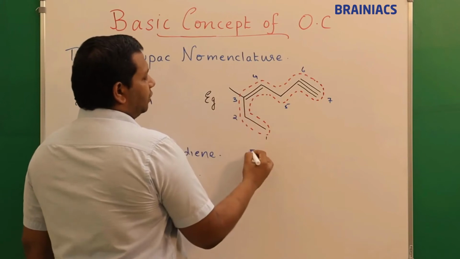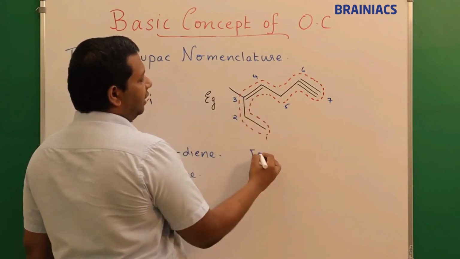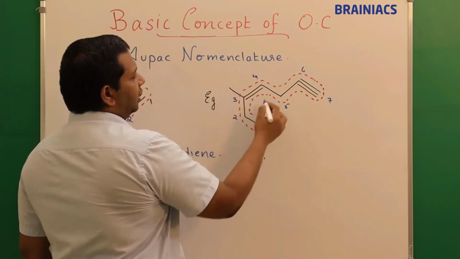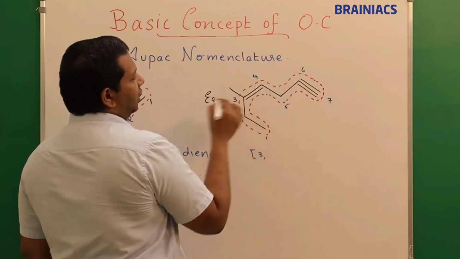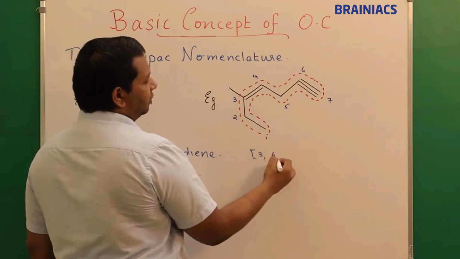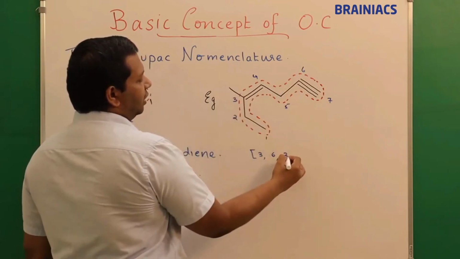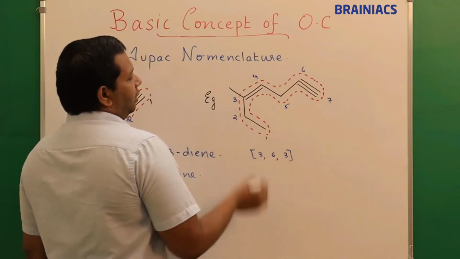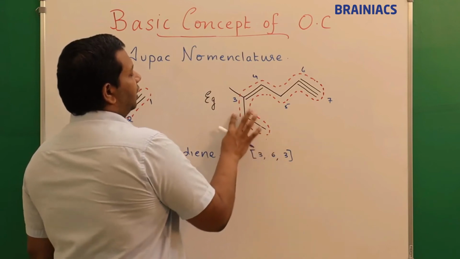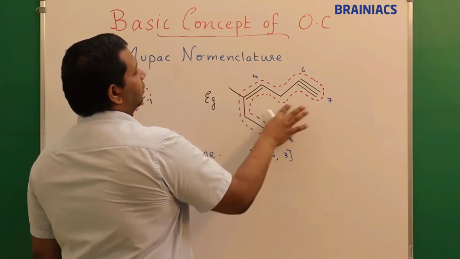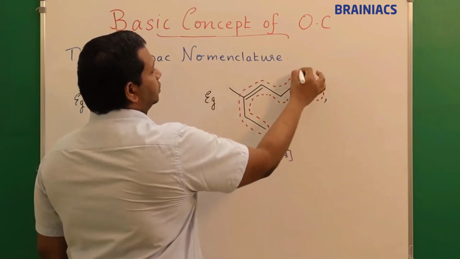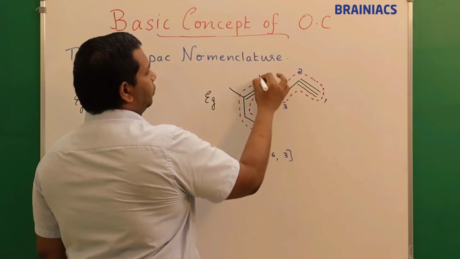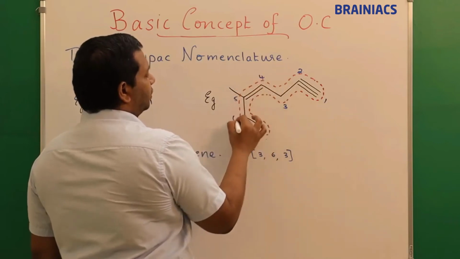So what is the locant of the double bond? You know that 3 is coming, correct? Then for the triple bond, the locant is 6, and for the substituent you have 3 again. Correct? Now suppose I am doing the numbering the other way, 1, 2, 3, 4, 5, 6, 7.